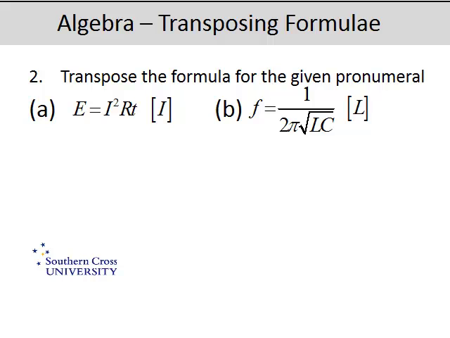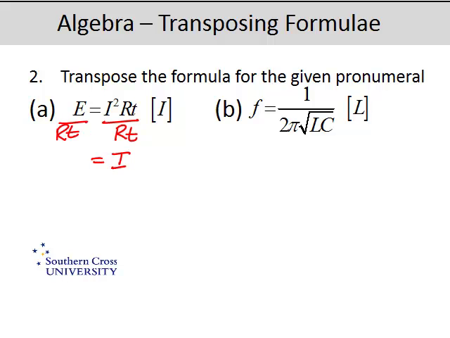Now two more formulae to transpose. This time we want to make I the subject. Here we've got I squared. So I squared, basically I has been squared and then it was times by RT. So what we need to do is divide both sides by RT.